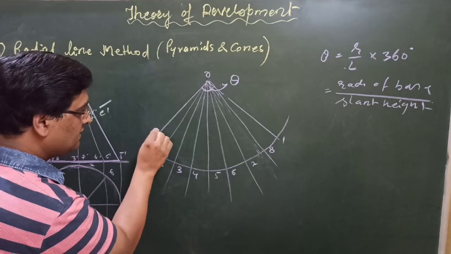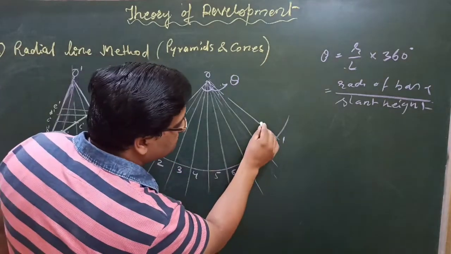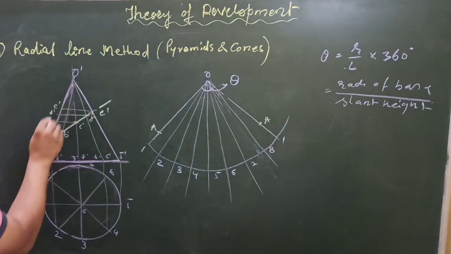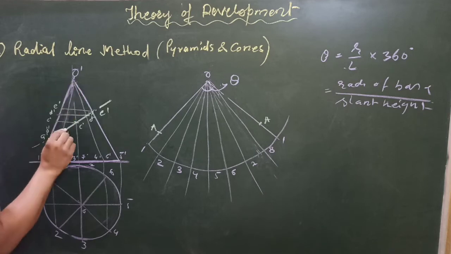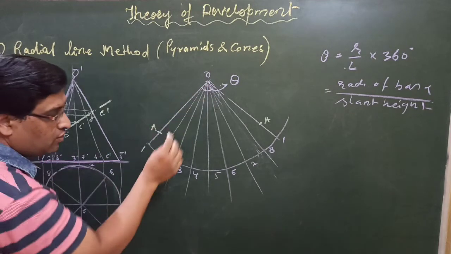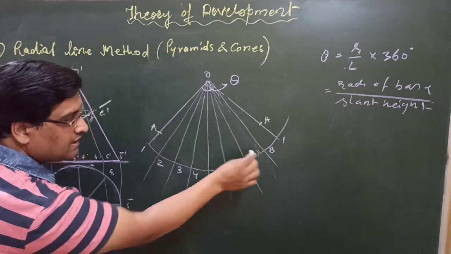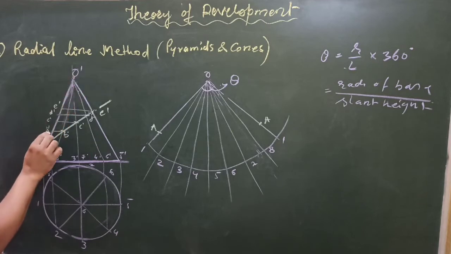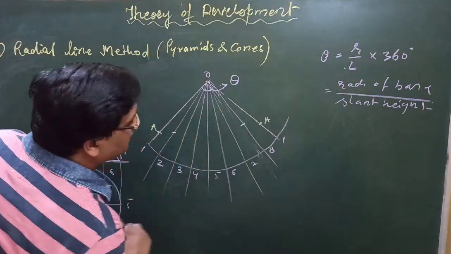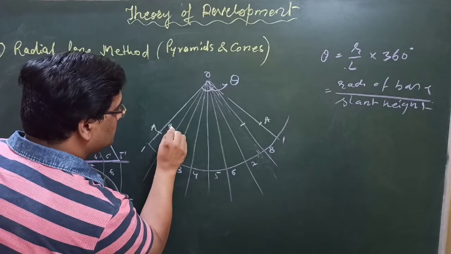So this is A. Similarly, O dash B dash you have to cut on, because B dash point is on O2 and O8. So you have to cut on O2 line and O8 line here, taking distance from this line, that is O dash B dash. This distance you have to take and cut on O2 and O8. So this will be B.